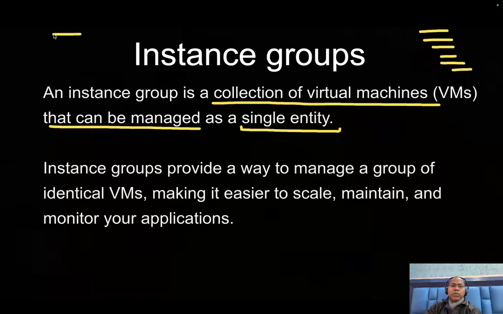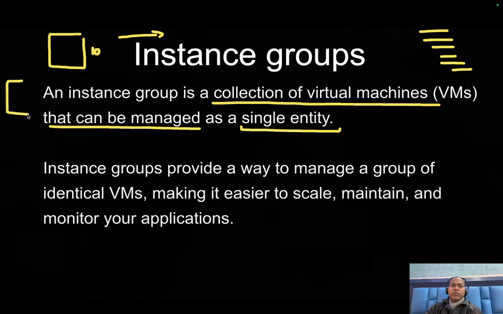I have only one kind of entity. I say, let's create 10 virtual machines, and they will create them for us. So in that kind of case where you need a bunch of machines, 1,000 or 100, you want to create virtual machines as one click, as one entry.